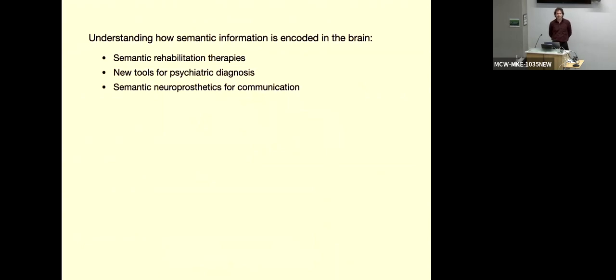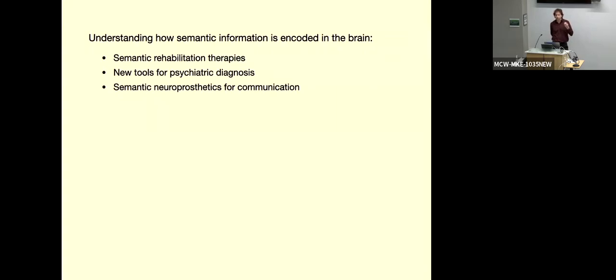So if we can understand how semantic information is encoded in the brain, then we should be able to develop semantic rehabilitation therapies for these disorders. We should be able to develop new tools for psychiatric diagnosis, and we should be able to develop semantic neuroprosthetics for communication so that you can bypass the word forms in the phonological system, because patients with aphasia, in many cases, have a damaged phonological system, but their semantic system is relatively intact.